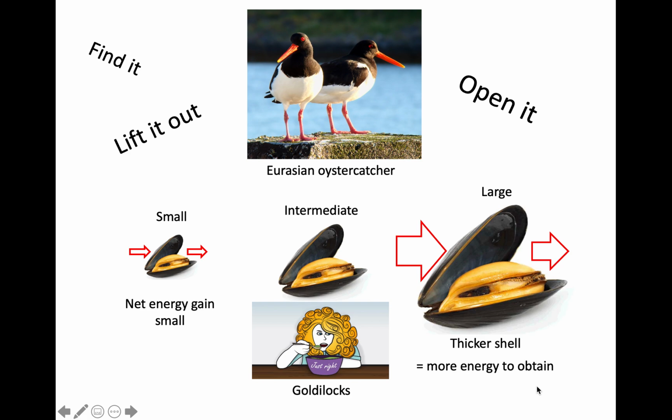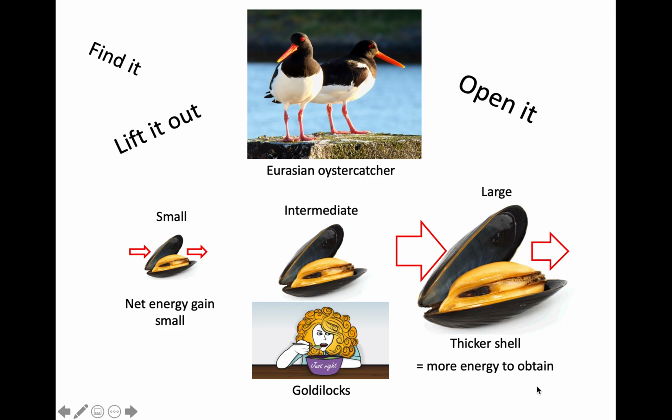So the small shells you can imagine are easy to open, but they don't provide enough energy to really make all that other stuff worth the cost. And the largest shells provide the most energy, but they're very strong and they're also very heavy.